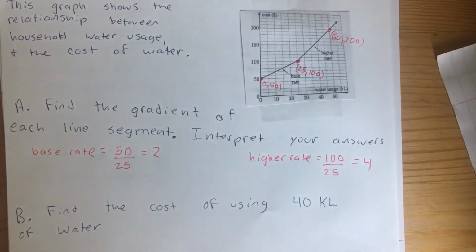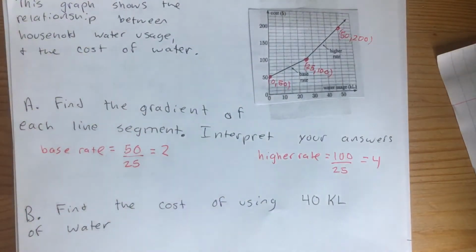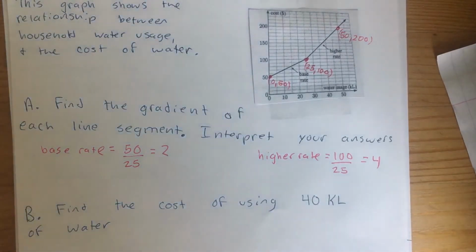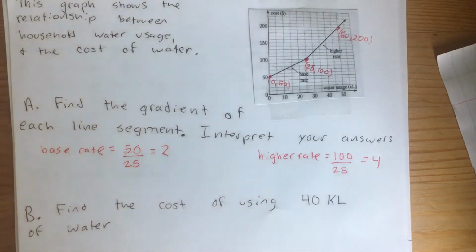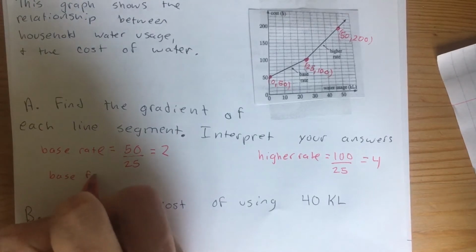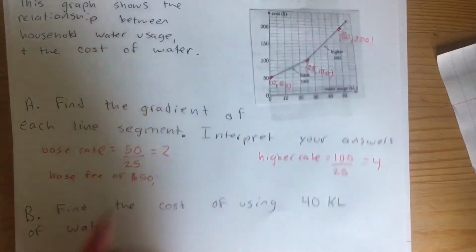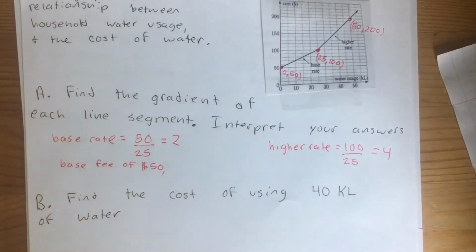And the way that we need to interpret this, so for the first one, you see how it intercepts at 0, 50 there? So if you use 0 gallons or kiloliters of water, excuse me, you're going to be charged $50. So there's a base fee of $50 here for this water.